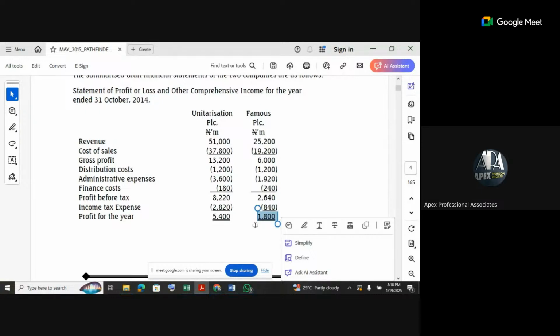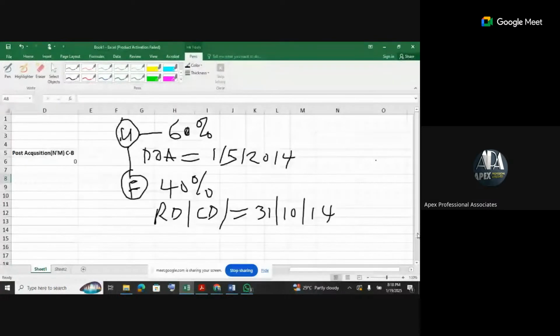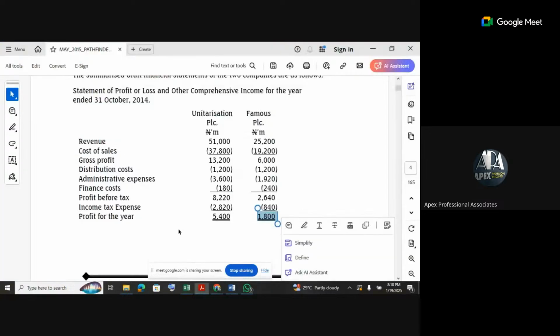So what we need to do now is to compute. How do we calculate that? You say that the profit for the year is what? Is 1,800. So it means that there is a 6 months which happened after the parent has bought Famous.